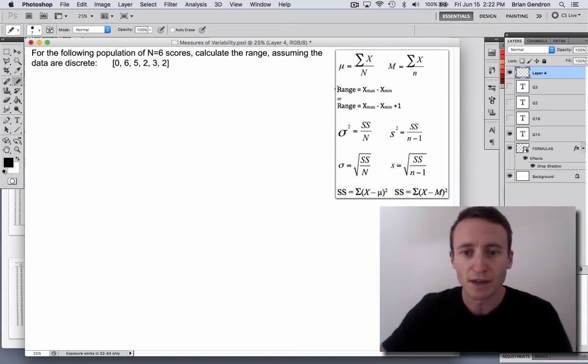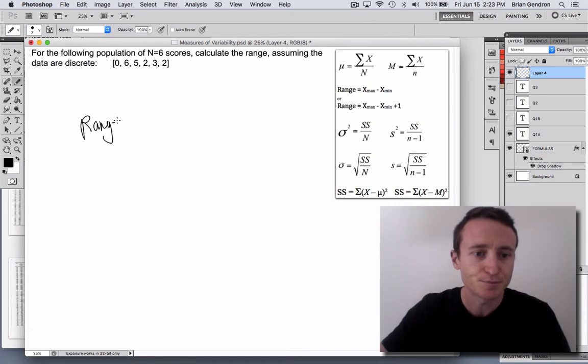This first formula is for discrete data, and you simply take the largest value, x max, and subtract the smallest value, x min. And so our range is going to be the largest value, which is 6, subtract the smallest value, which is 0, and we get 6.